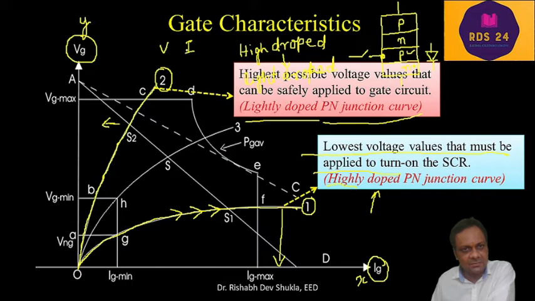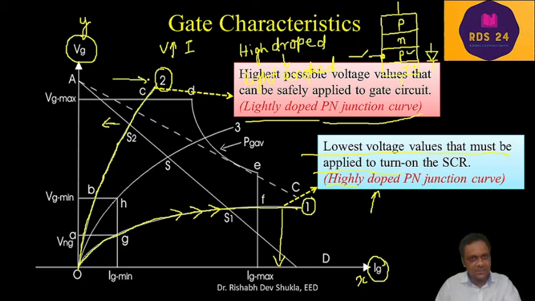So it is a high value voltage curve. With a lightly doped junction, we get the highest possible voltage values, and curve 1 is the lowest possible voltage value that can turn on the SCR.